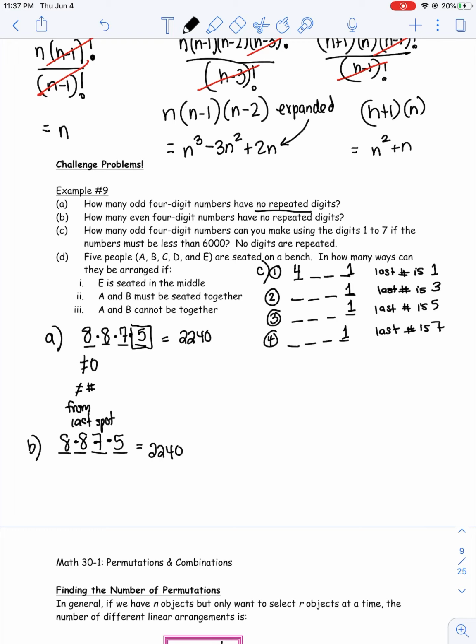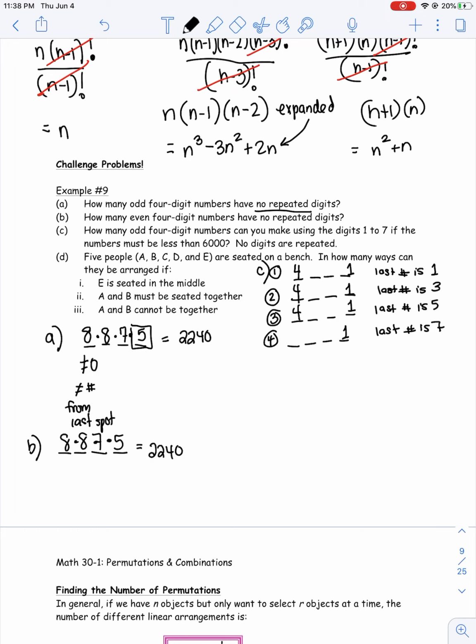So we can have 1,000, 2,000, not 3, 4, 5. Yeah, so there's 4 choices for the first spot again. And then if we have a 5 in the last spot, we're allowed to have 1,000, 2,000, 3,000, 4,000. So there's 4 choices for the first spot.